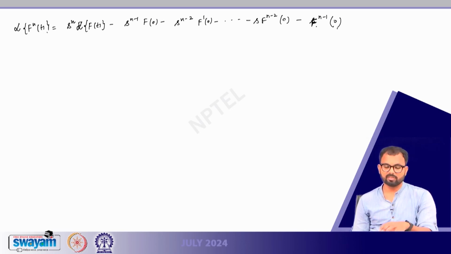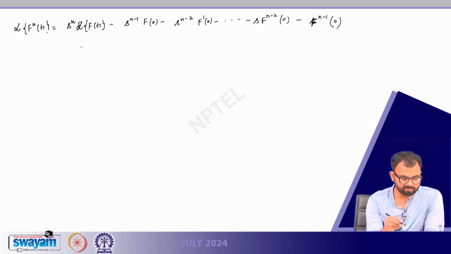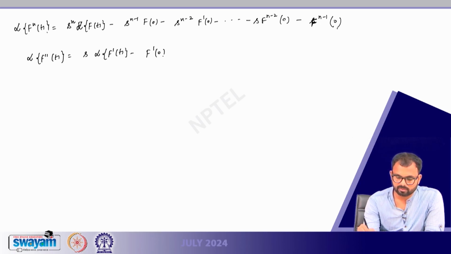This is the general rule which can be derived from the first one, the previous Laplace transform of f'(t). If you have the Laplace transform of, let us say, f''(t), then this will become s times the Laplace transform of f'(t) minus f'(0).